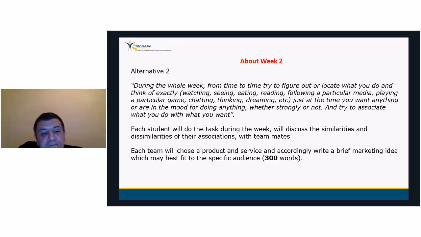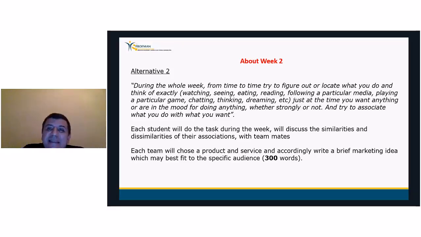Each member of each team will do the above-mentioned task during the week, and then they will discuss as teams the similarities and dissimilarities of their associations.